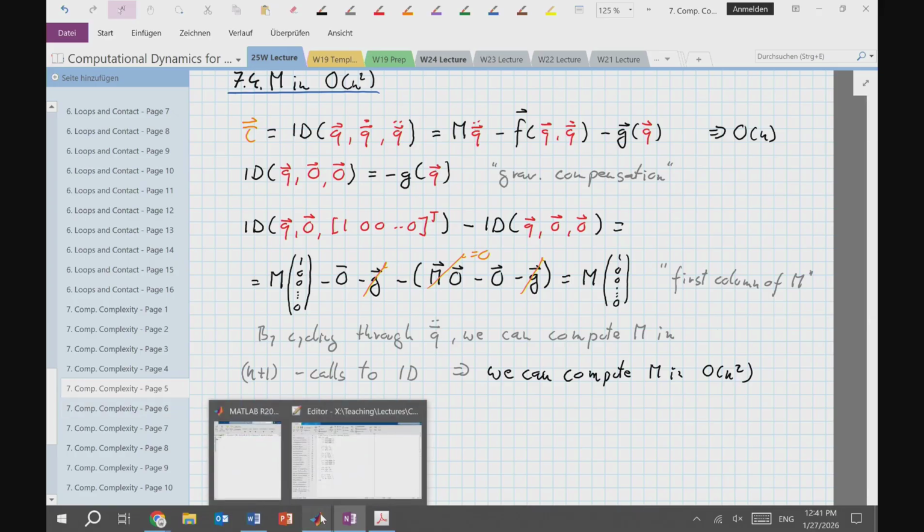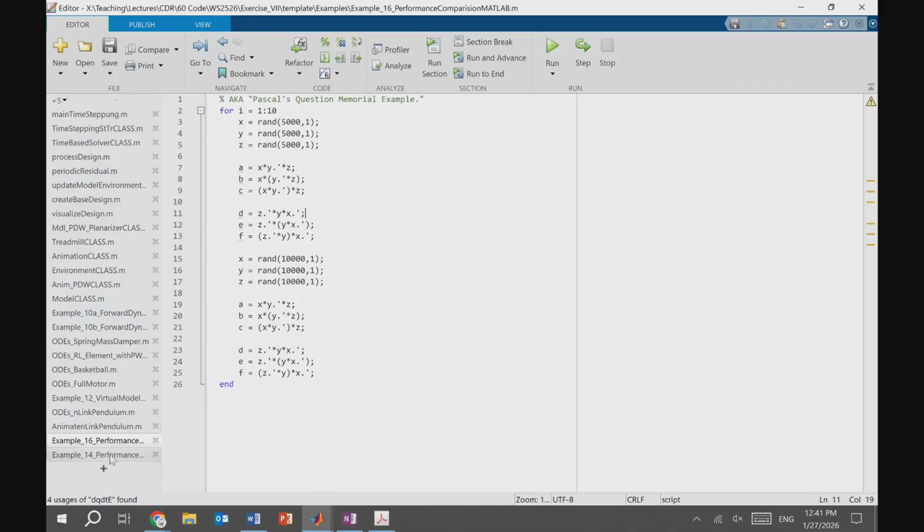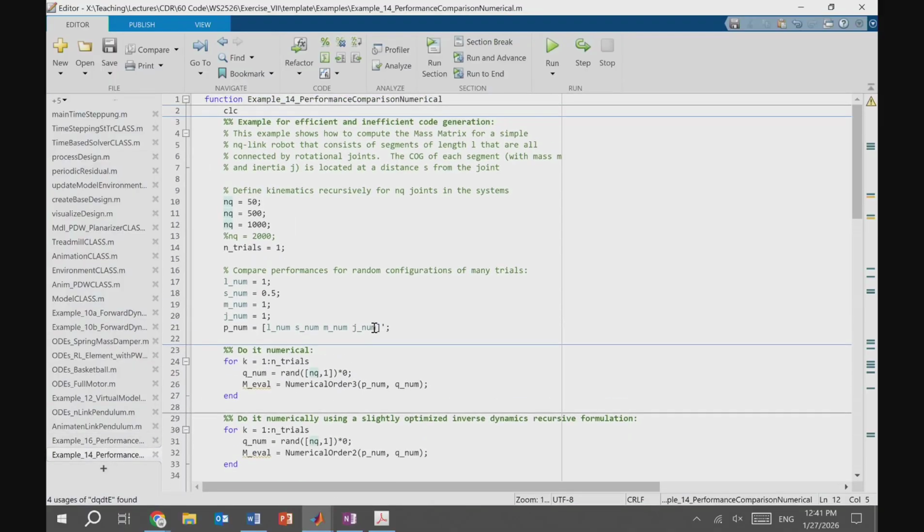And I want to show you that in an example. And this is example 14, called Performance Comparison Numerical. And here I implement these two ways of computing a mass matrix. I first define my number of degrees of freedom.